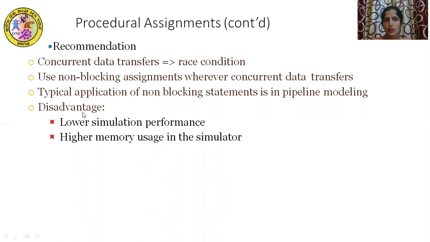But we do have a disadvantage of this allotment to a temporary variable on the right hand side. The disadvantage is that it leads to lower simulation performance and higher memory usage in the simulator. So apart from the advantage that it helps to overcome the race condition, it still has the disadvantage of lower simulation performance and higher memory usage in the simulator.